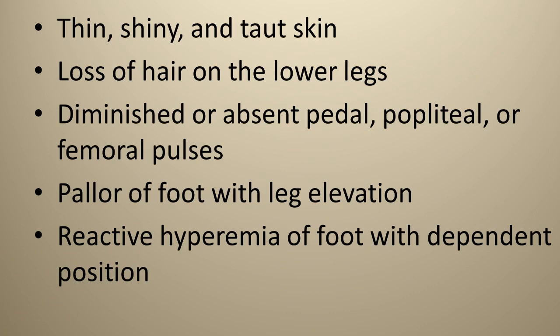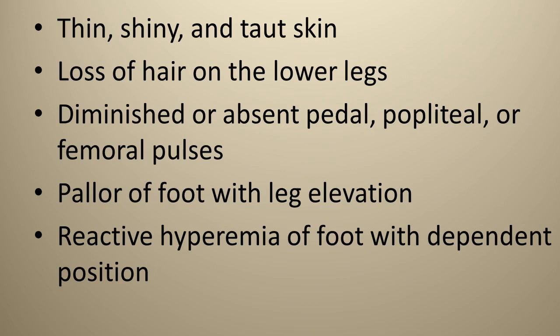This slide shows typical clinical manifestations of somebody who has arterial disease. The skin becomes very thin, shiny, and taut. They lose a lot of hair on the lower legs. They have diminished or absent pedal, popliteal, or femoral pulses.